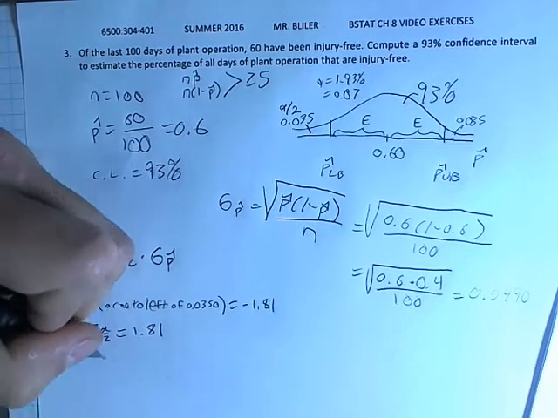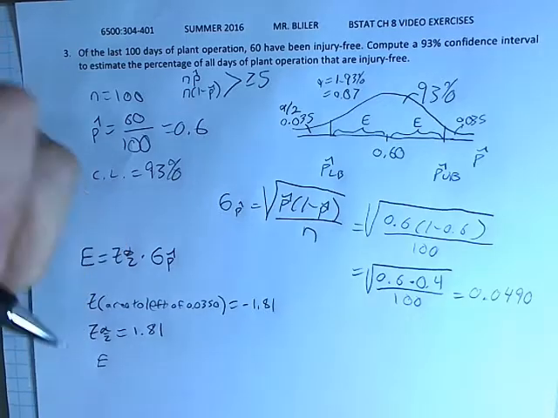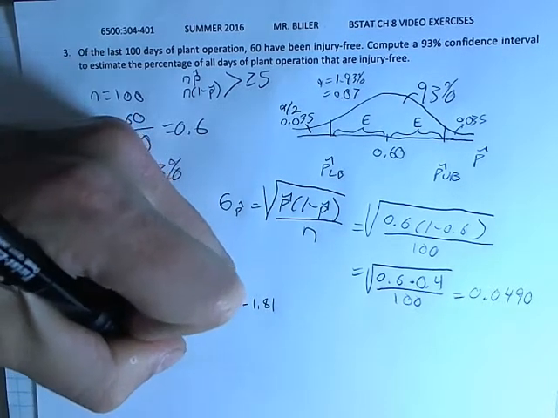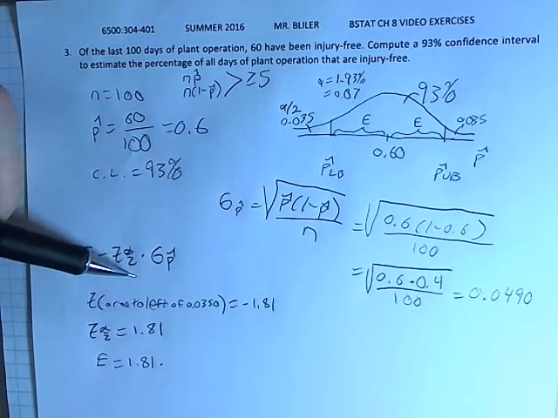So let's go ahead and come up with our completed margin of error. So 1.81 is our z alpha half.